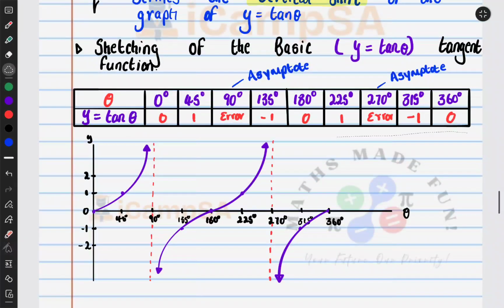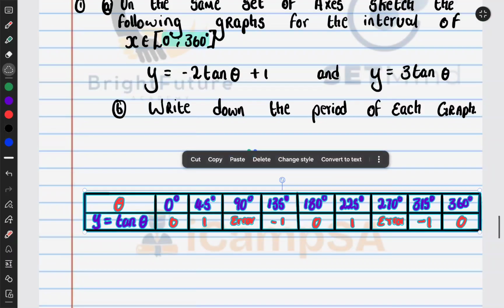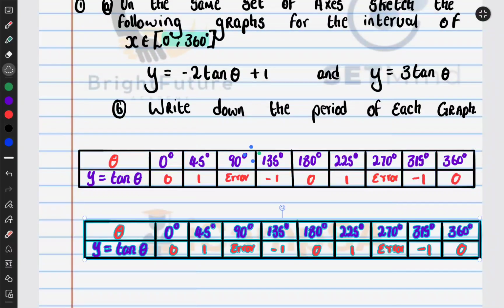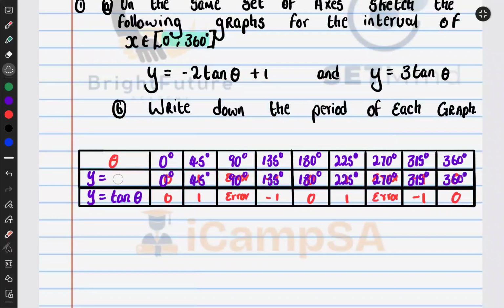Let's come here, take our table, copy. We are sketching two functions.